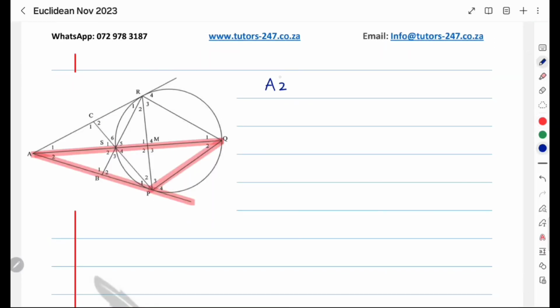A2 plus Q2 is equal to P4. Now we don't need to put a reason because we're just continuing from a previous step. And if you remember, we stated that the angle P4 is equal to R3. And we stated that the angle Q2 is equal to R3 minus Q1.